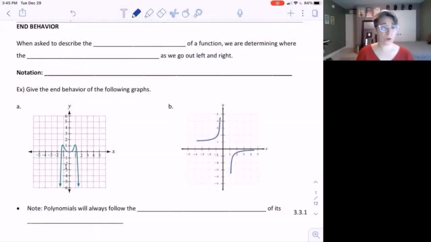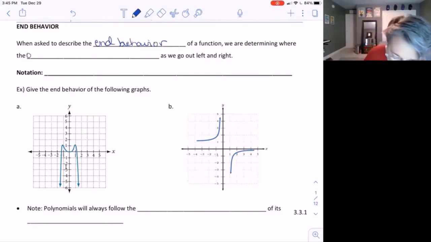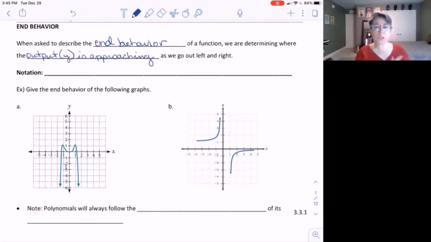End behavior. When asked to describe the end behavior of a function, we are determining where the output, which we often think of as the y, is approaching as we go out left and right.